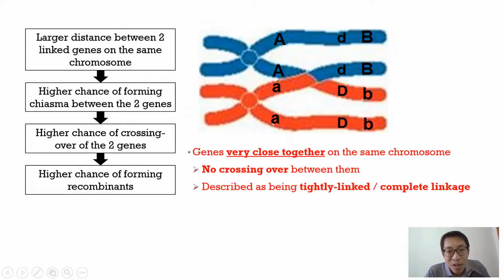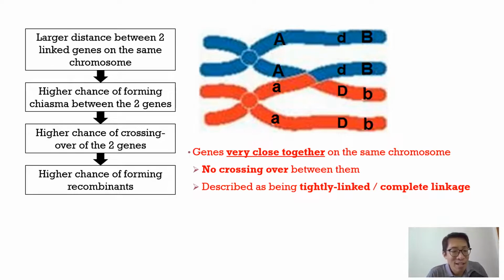Okay, so I want to introduce you to a term called tightly linked or complete linkage. These two terms are used to describe genes which are very close together, or sometimes in the wording of the question, they might say they are next to each other.